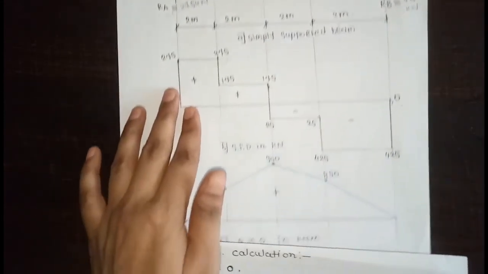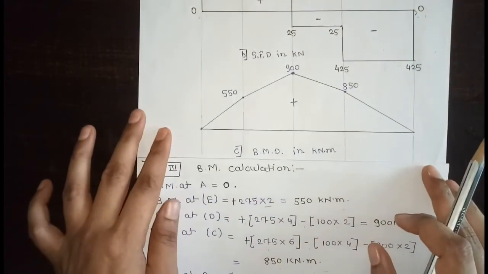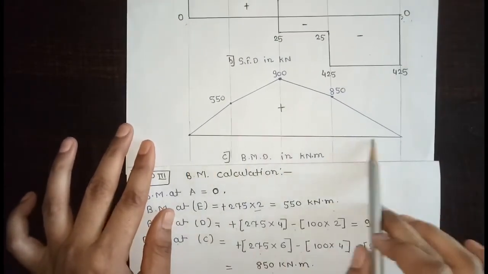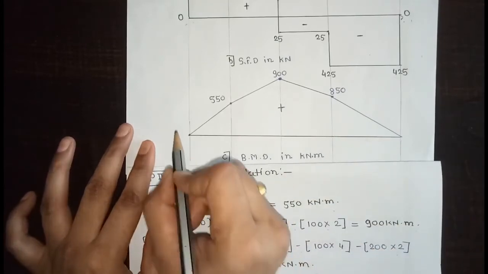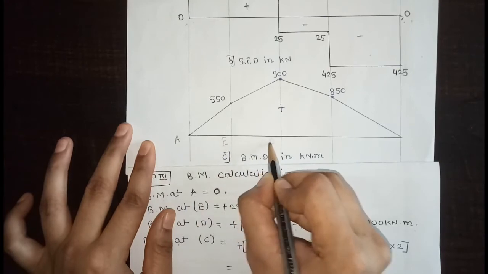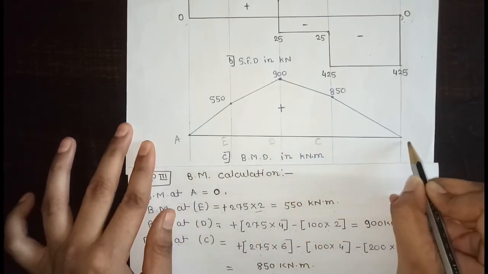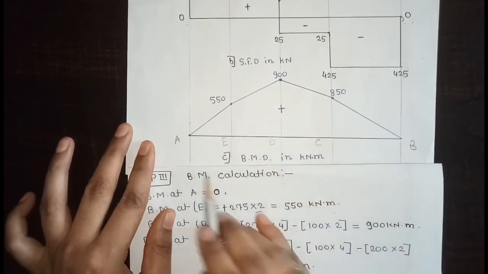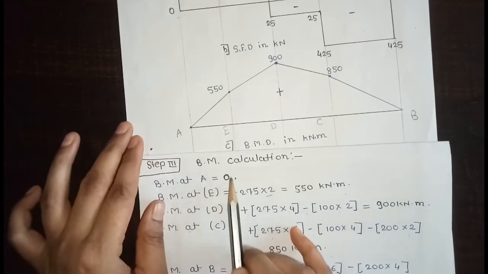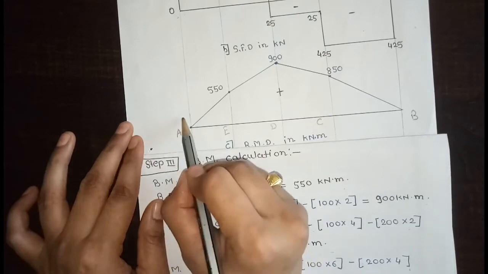Then draw the bending moment diagram. First of all, draw the baseline. This is point A, this is E, D, C and B. Then bending moment at point A is equal to 0.